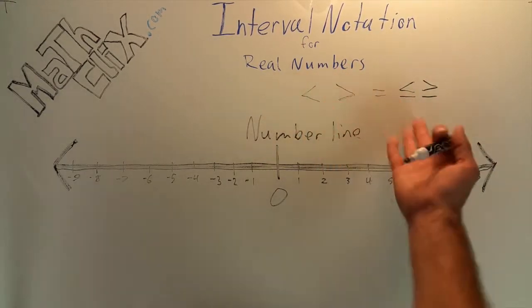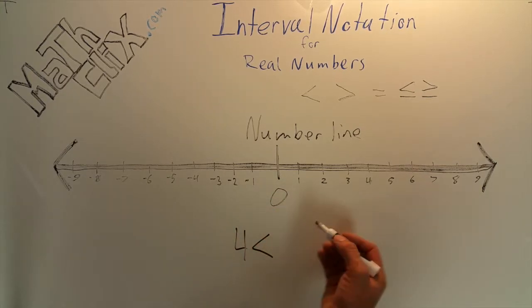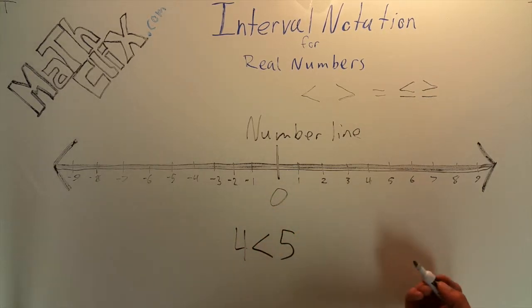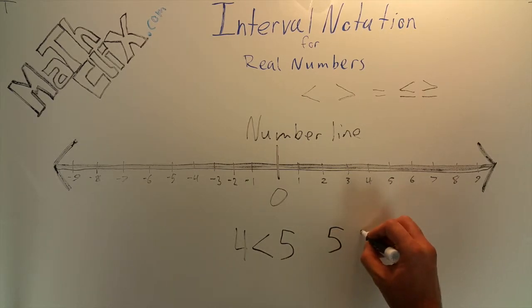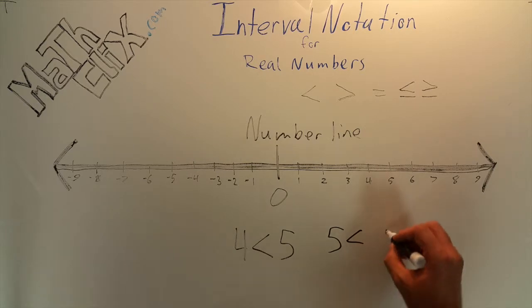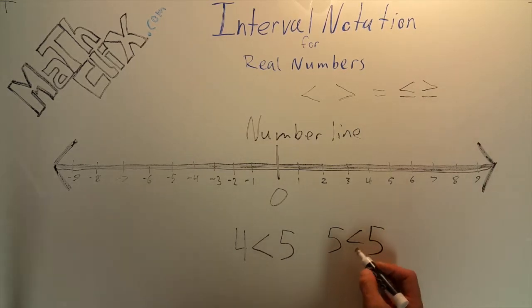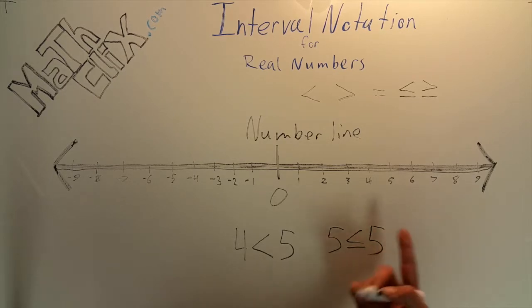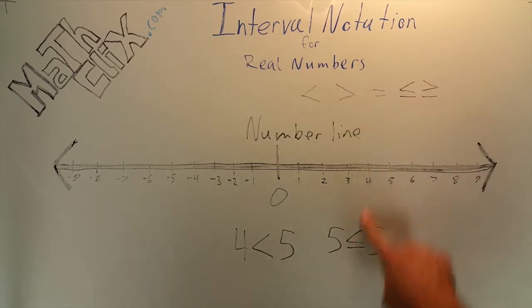How we would use these, we would say 4 is less than 5. Or 5 is less than or equal to 5. It's not less than. Less than or equal to. See, it's just a modification of the equal sign.